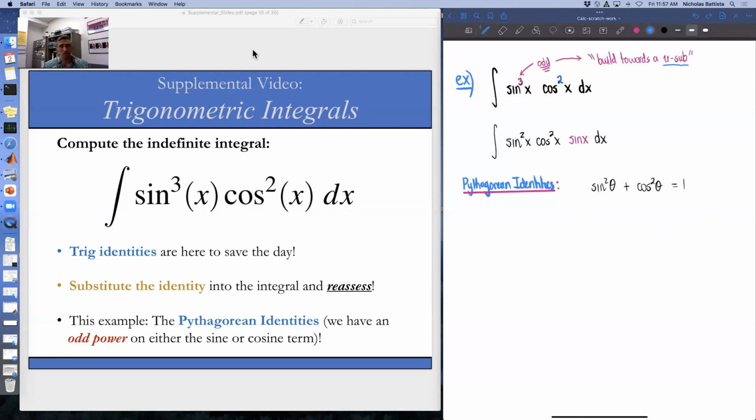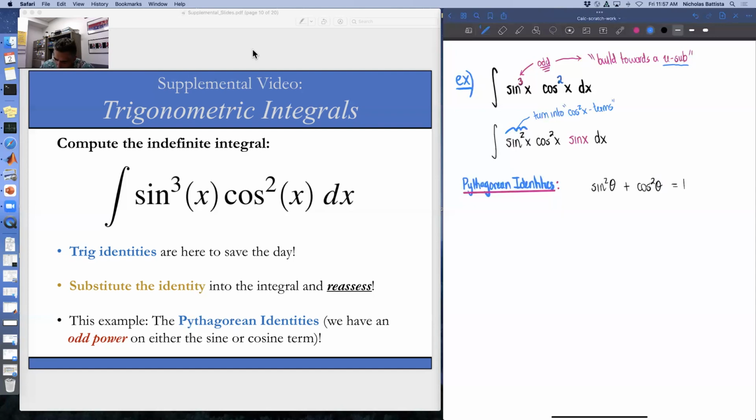What we're going to want to do here, because we have this sine sitting at the end of the integral, is try and turn everything else into a cosine term. So our goal here will be turning that sine squared into a cosine. That's where we're heading next.